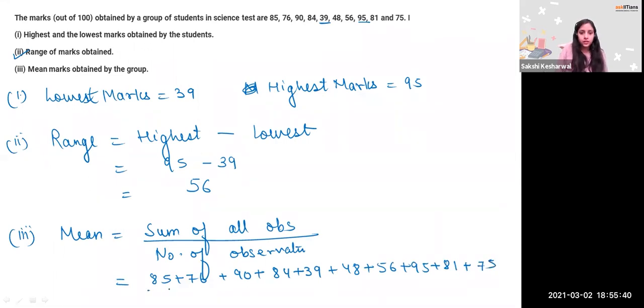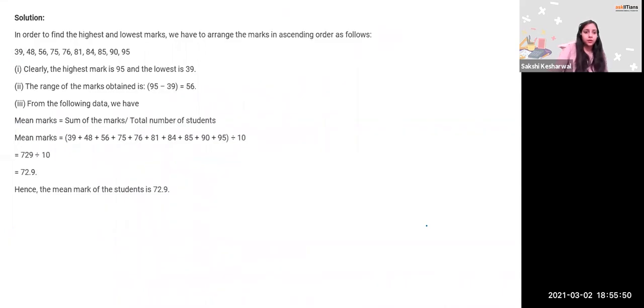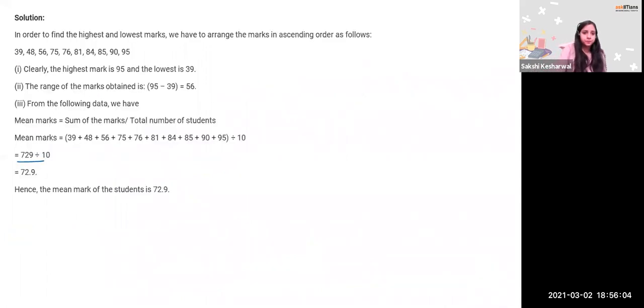And how many students are there? 1, 2, 3, 4, 5, 6, 7, 8, 9, 10. There are 10 students. So while adding up, you will get 729. So 729 divided by 10 equals 72.9. So this is your answer.